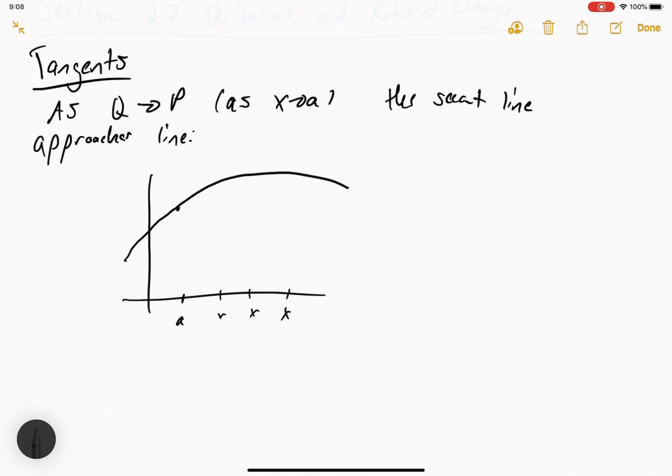We'll call this point right here a. This curve will be f of x. This point right here we'll call P, and this will be a, f of a. And we'll call an arbitrary point on the graph Q, which has coordinates x, f of x.